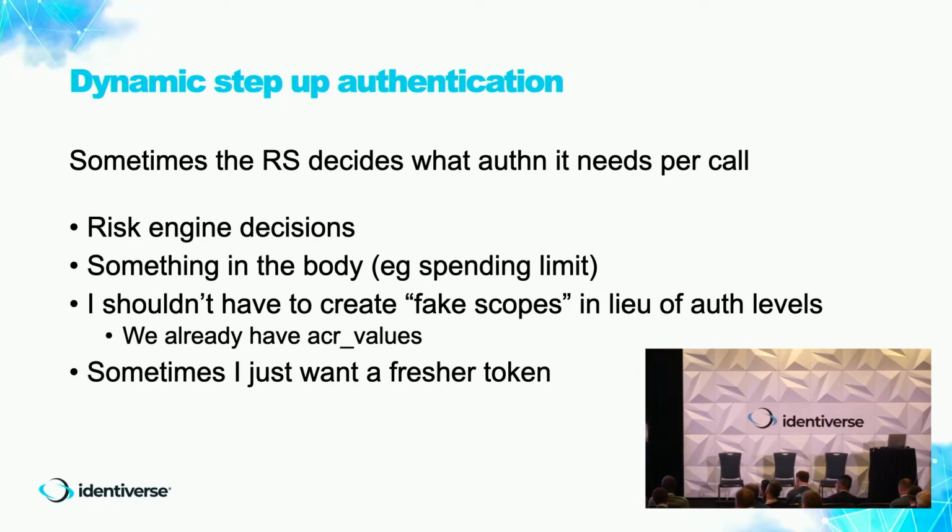You might have a risk engine that sees that the token came from a certain IP, and now the user just brought the laptop to Starbucks, and now it's a different IP. So sure, the token is still valid, but I don't like this. You've got to authenticate again.